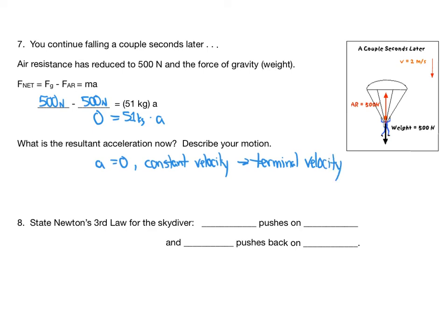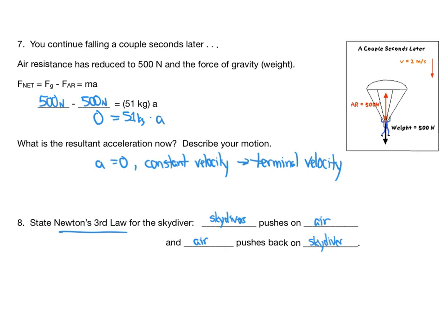All right, state Newton's third law for the skydiver. Again, so many choices. It could be that the skydiver pushes on the air, and the air pushes back on the skydiver. Let's see, I'll do another color.